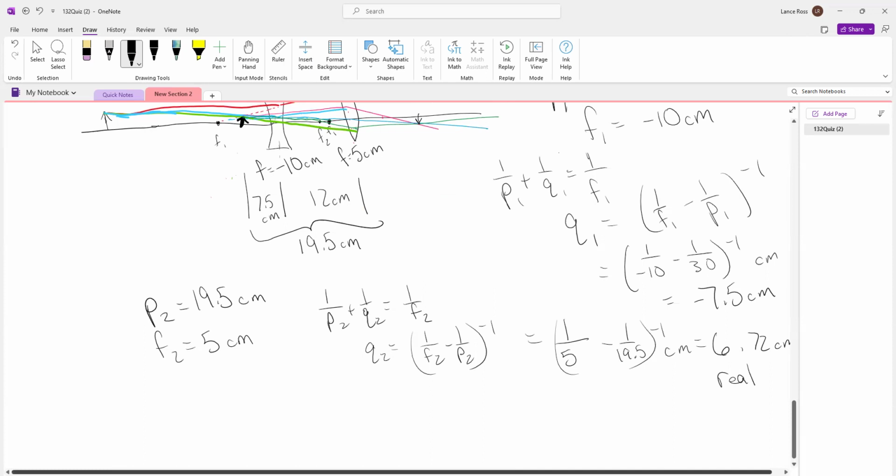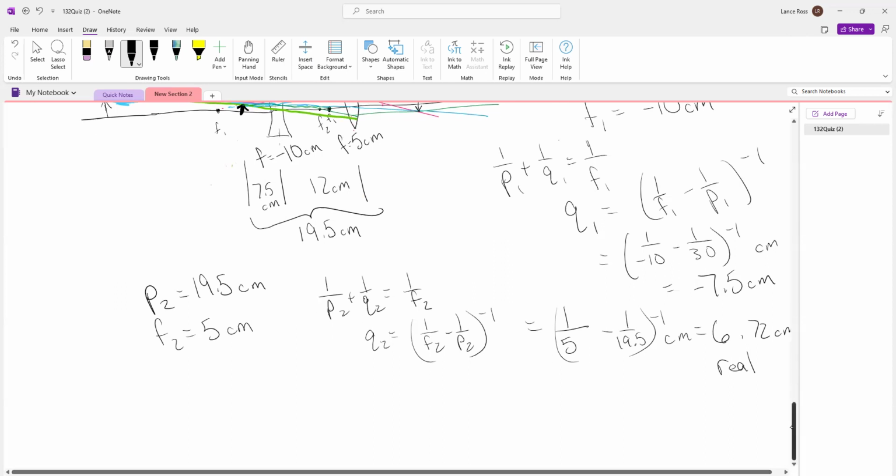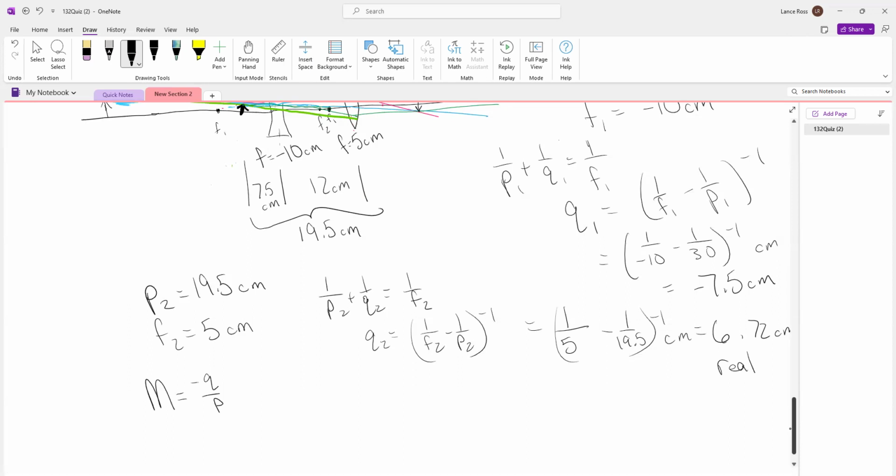And from our drawing, we can tell it's inverted, but how do we figure that out if we're just doing the math, right? Well, we know that the magnification factor is minus Q over P. And we can find that for lens 1 and for lens 2. So for lens 1, it's going to be negative 7.5 centimeters over 30 centimeters.